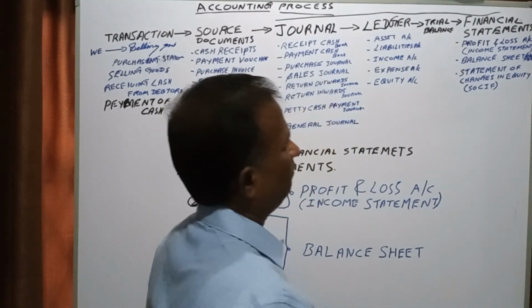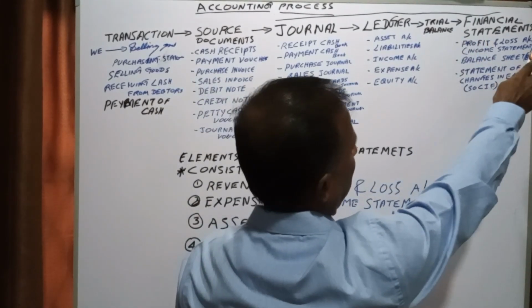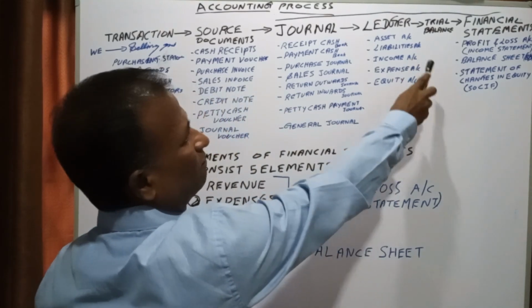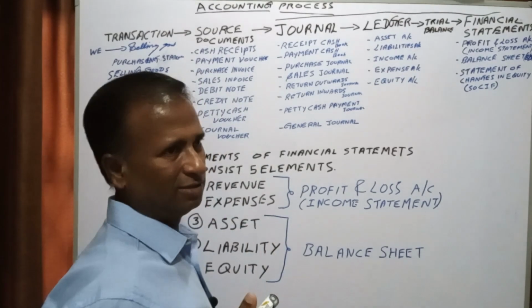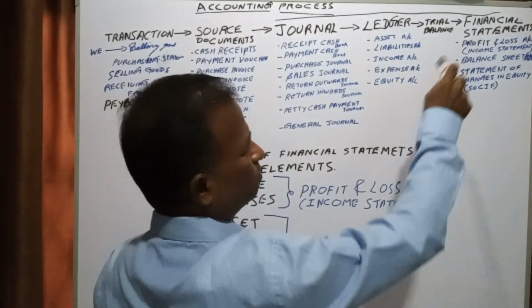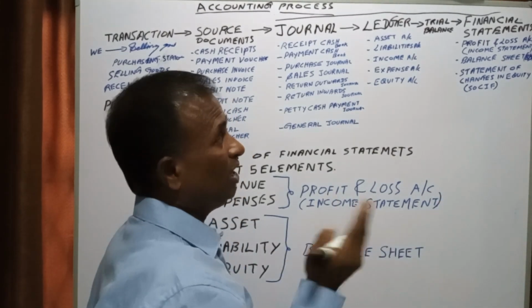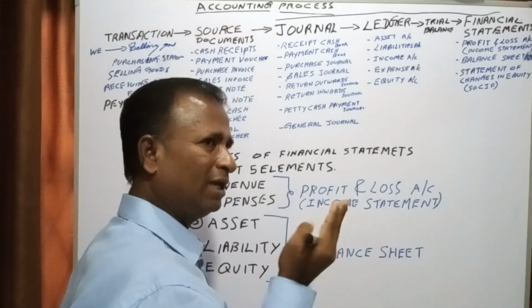And from the trial balance only, we prepare the financial statements. What are the financial statements? That is the profit and loss account, otherwise called the income statement.